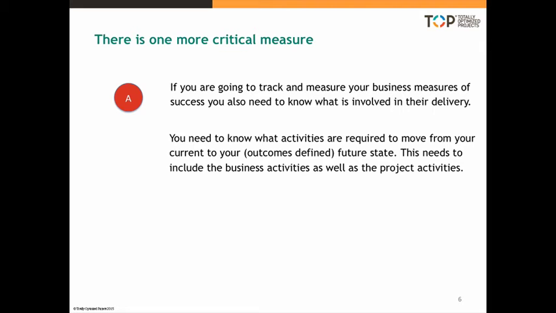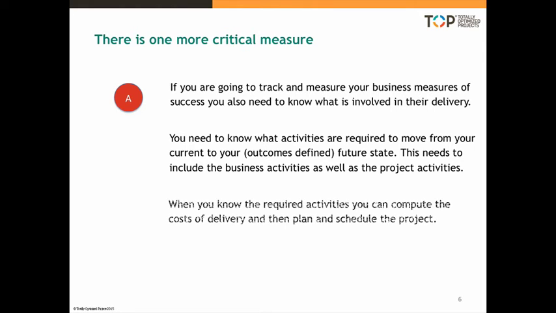And that's an important point. Too often the project defines what it's going to do and leaves the business to guess what it has to do. That is unsatisfactory. That is why so often the benefits never get realized, because the business doesn't know what it's got to do to make it happen. When you know the required activities, you can compute the costs of delivery and then plan and schedule the project. So this is how we connect the value, the measures of success to the project and its delivery.